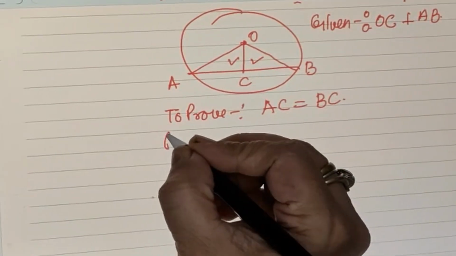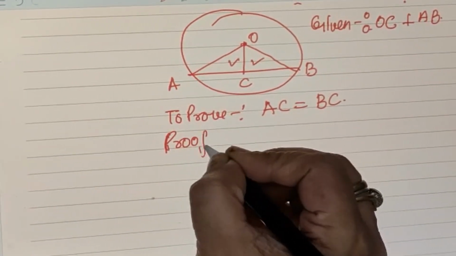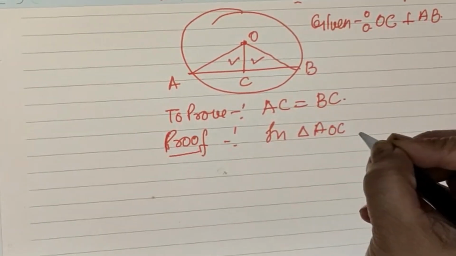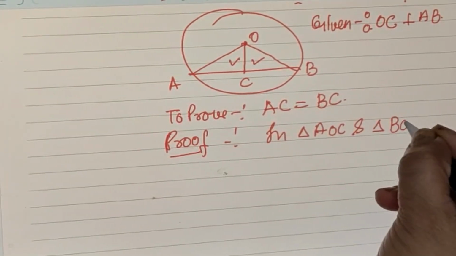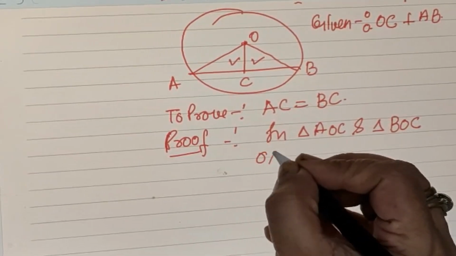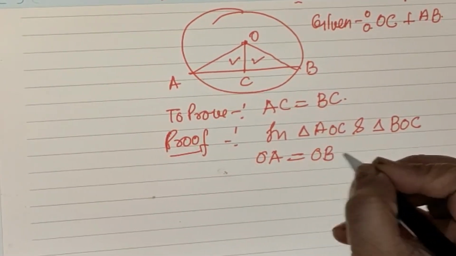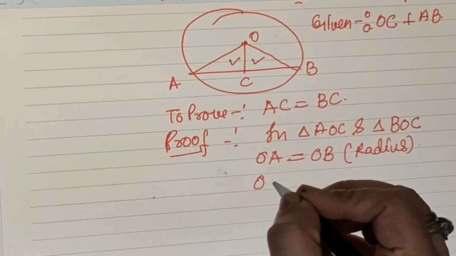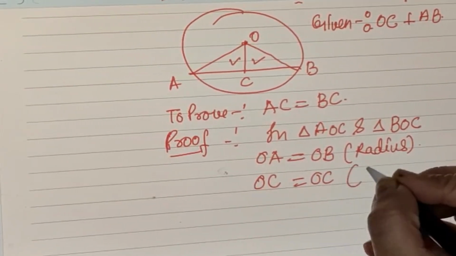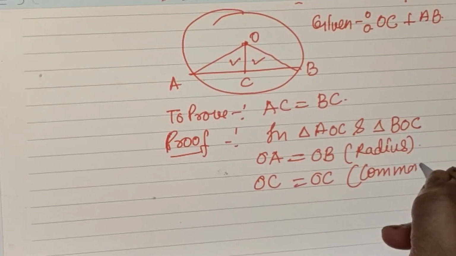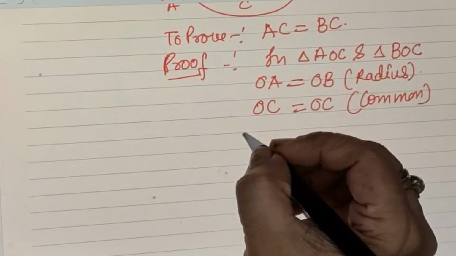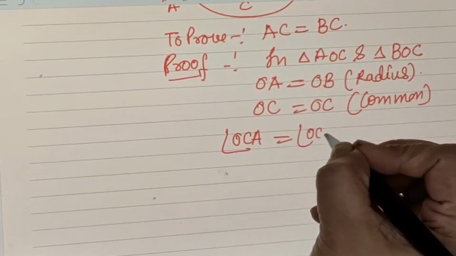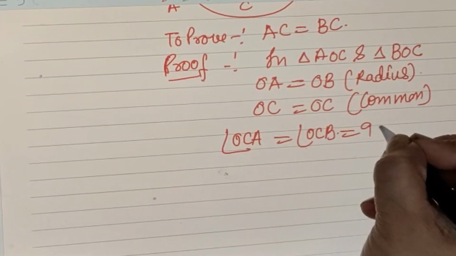Now we will take the triangles: in triangle AOC and triangle BOC, OA is equal to OB, radius of the circle, correct? Now, OC and OC is the common side of both the triangles, correct? Again, angle OCA is equal to angle OCB, which is given as 90 degrees.